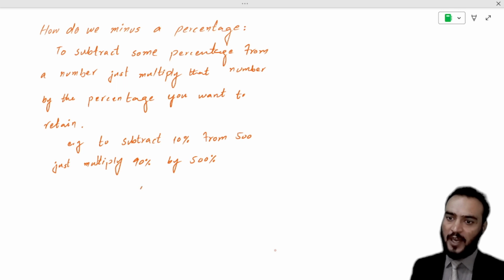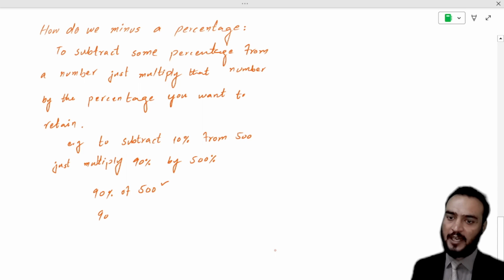For example, 500 can be considered as 100%, and you want to subtract 10% of this amount, that is 500. Then what should you do? You should do 90% of 500. You have to find 90% of 500.